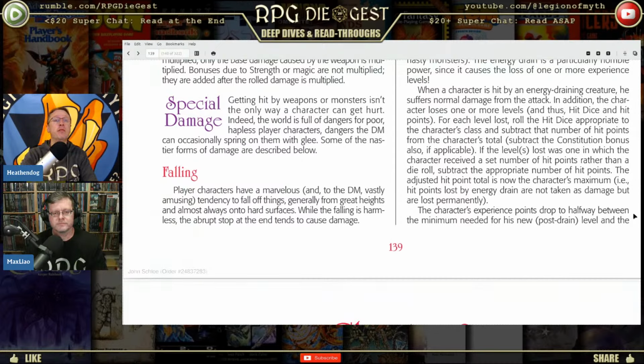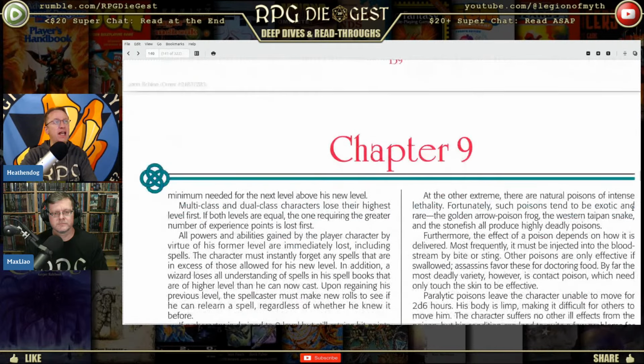For example, the character's experience points drop to halfway between the minimum needed for his new post-drain level and the minimum needed for the next level above his new level. So you don't lose that level and go just below. You go halfway down into the lower level.